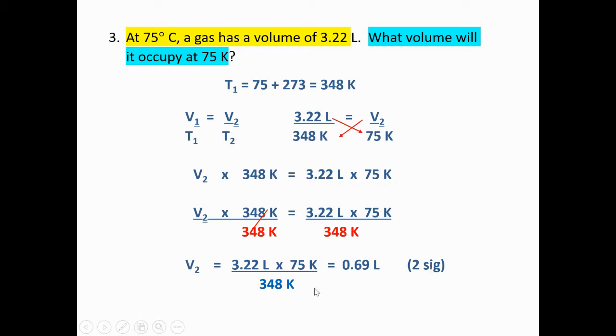So V2 equals 3.22 times 75 divided by 348. Notice from a volume of 3.22 liters, we went to a volume of 0.69 liters. Also notice when we look at our sig digits, I have 3, 75 only has 2, so I must round my answer to 2 significant digits.